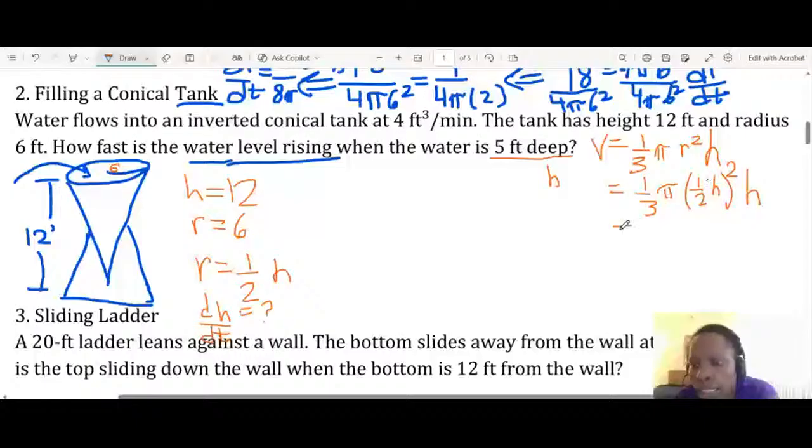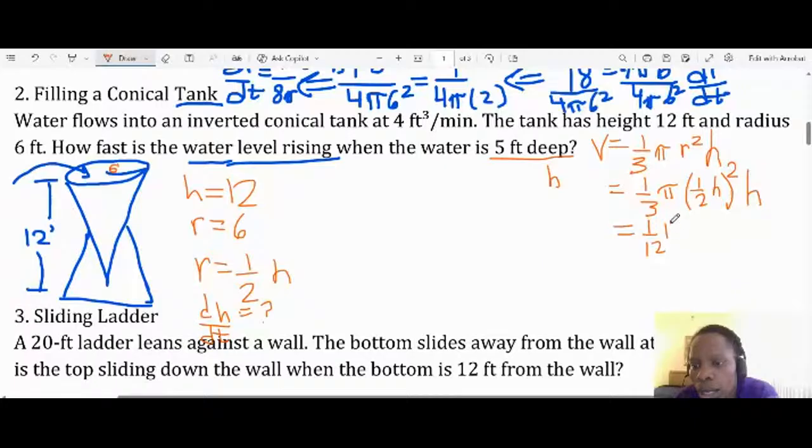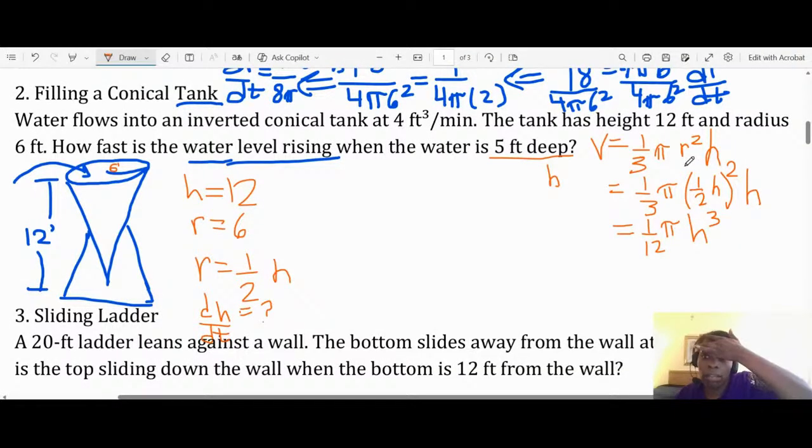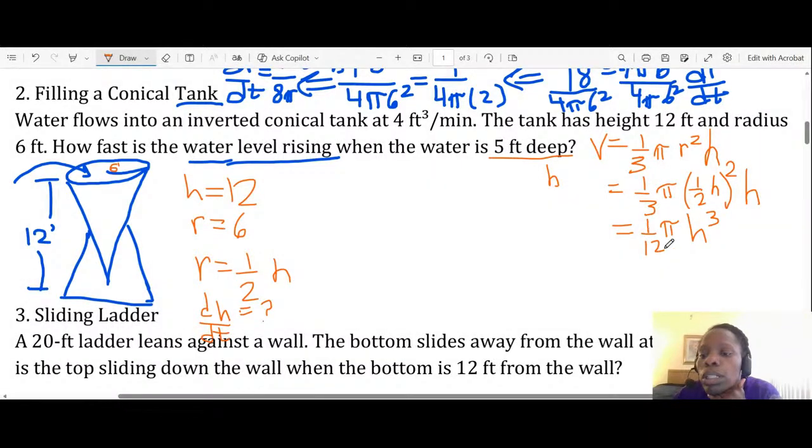So that's equal to 1/12 pi h cubed. Like I said, 1/2 times 1/2 is going to give you 1/4. 1/4 times 1/3 will give you the 1/12. And the pi stays there, and that becomes h cubed.